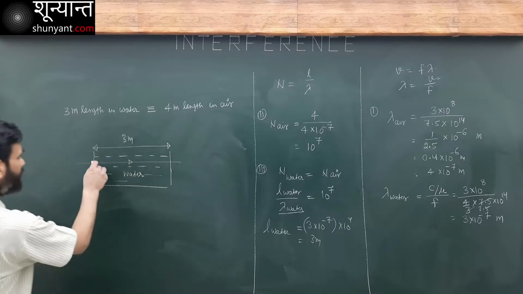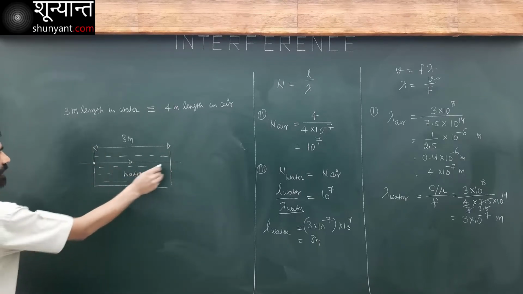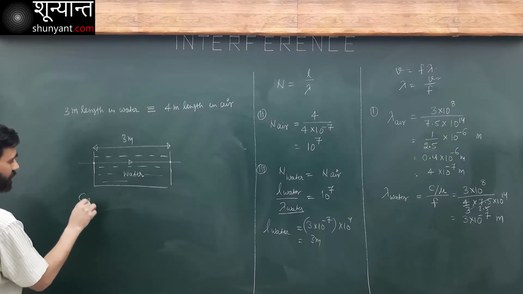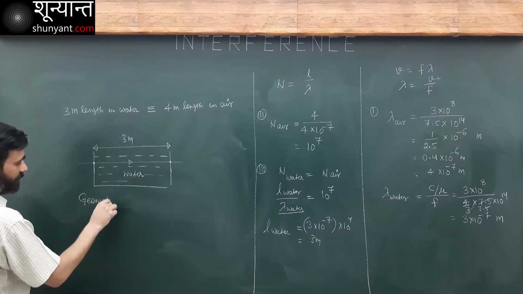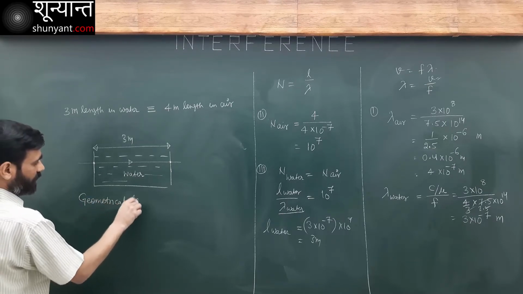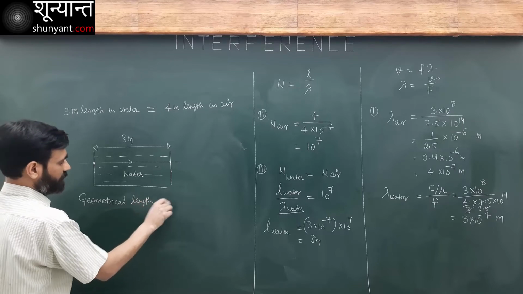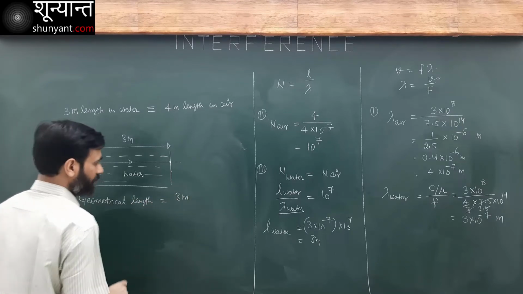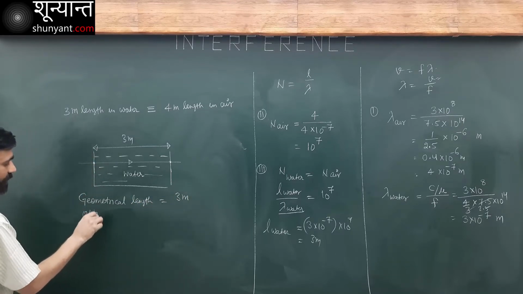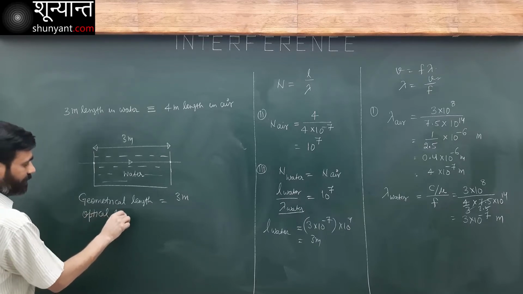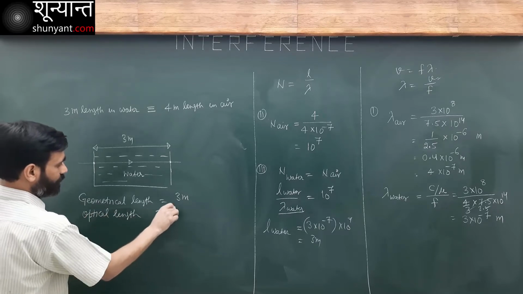This length here is known as geometrical length. Geometrical length is equal to 3 meter. It is known as optical length, and will be equal to 4 meter.